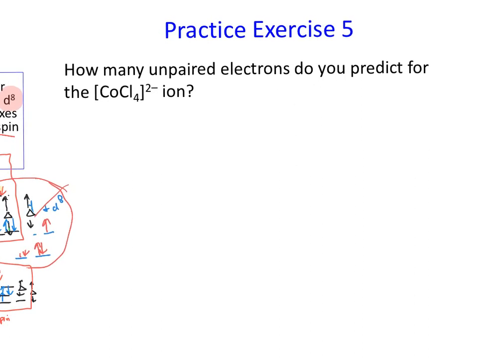Let's look at practice exercise 5. How many unpaired electrons do you predict for the tetrachlorocobaltate(II) ion?